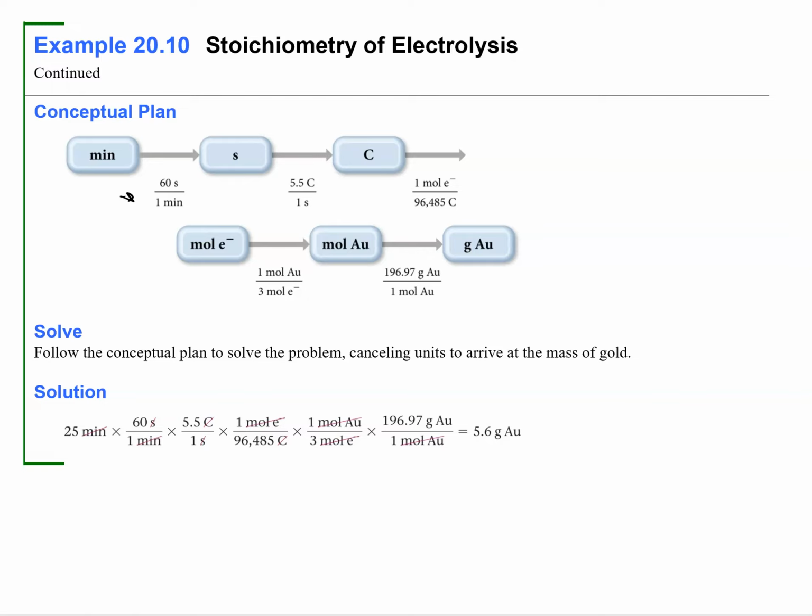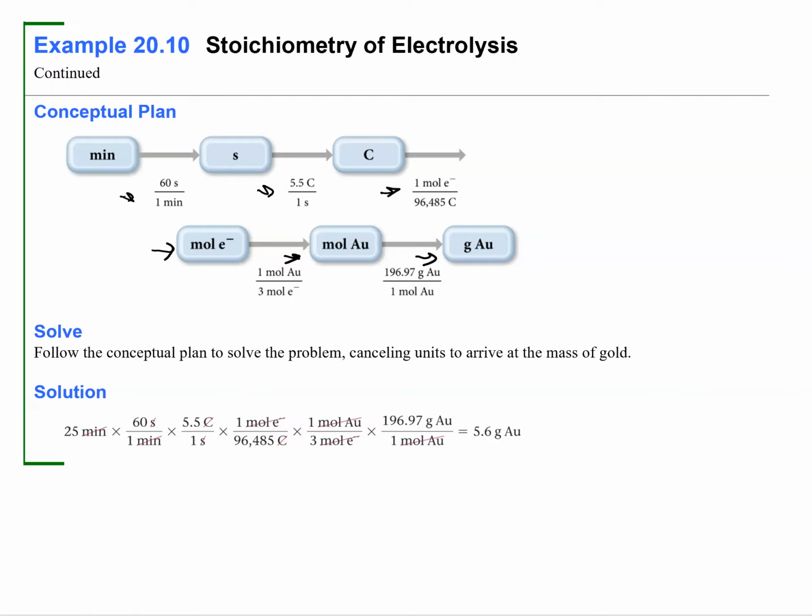Once we have coulombs, we can find the number of electrons moved, because it's 96,485 coulombs in a mole of electrons. And once we have the number of moles of electrons, we'll be able to divide by 3 to find the number of moles of gold. And then once we have the moles of gold, we can take the molecular weight of gold at 196.97 grams per mole, and we can find the grams.